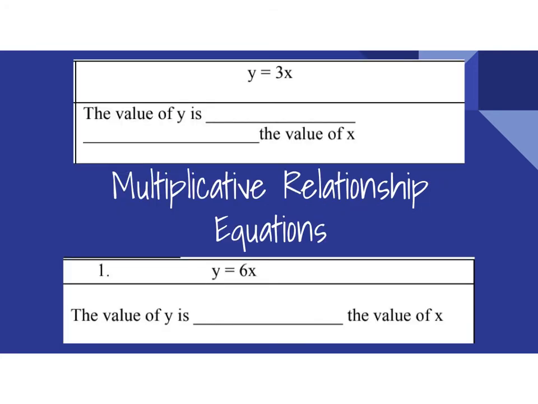Next, we'll identify multiplicative relationships from equations. The equation up above reads y equals 3x. Our x value is being multiplied by 3, so this is a multiplicative relationship. In our description, we can write the value of y is 3 times the value of x.